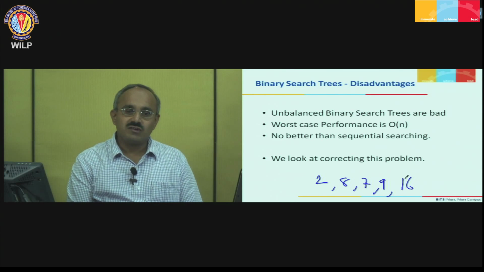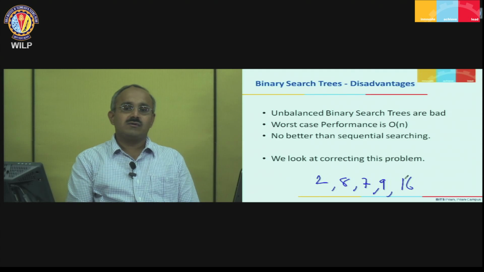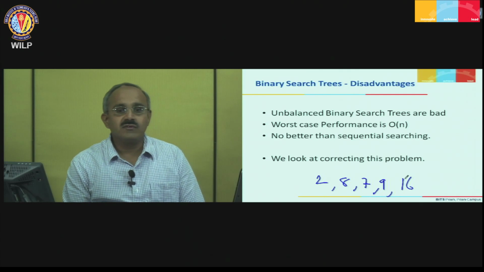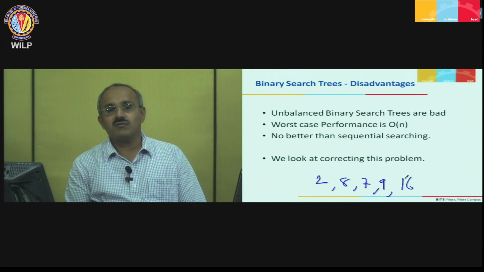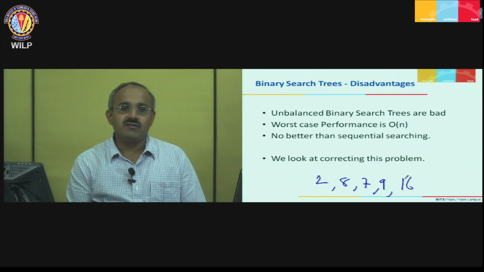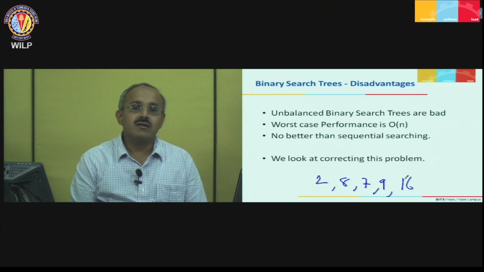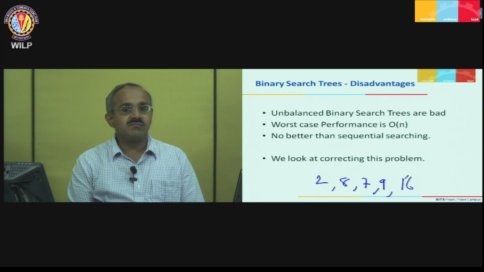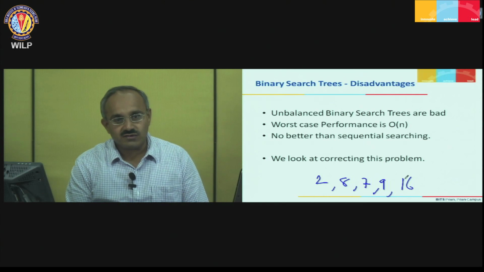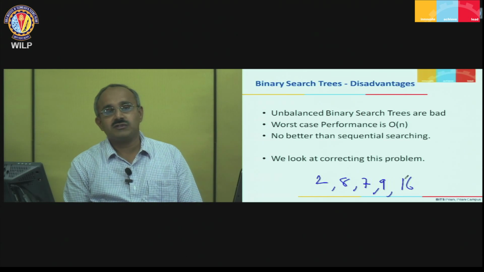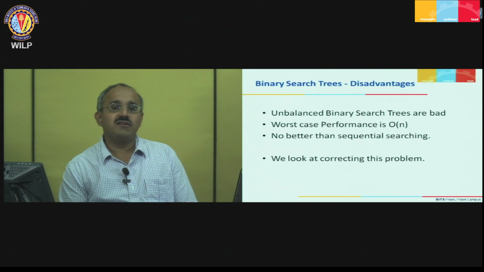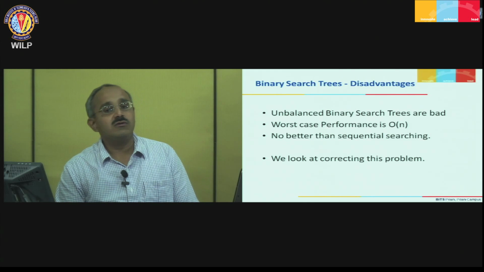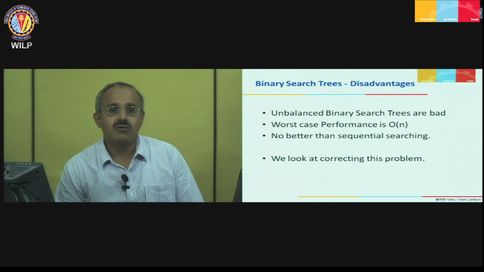One can just do a sequential search and achieve the same complexity as the worst case of a binary search tree. So, binary search trees as they are defined are really not the answer if you want to search efficiently. In this session we try to look at how one can rectify this problem.